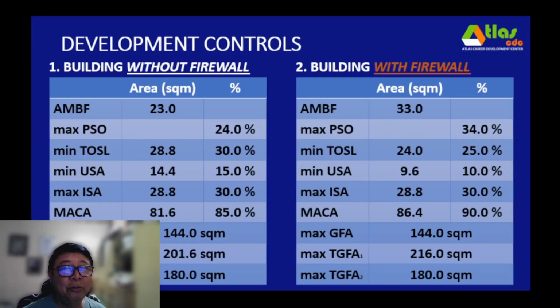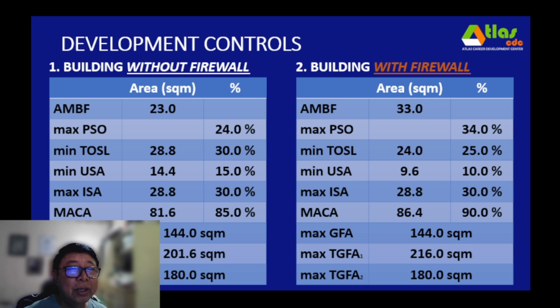So if we are going to summarize the values for the development controls if the building will have no firewall, so this is a single detached house. And the second option is if you will have a building with firewall, and that will be a single attached house. So you will see that if you're going to build a structure with firewall, or that is a single attached house, definitely you will be having bigger floor areas, and you make use of your lot much better.